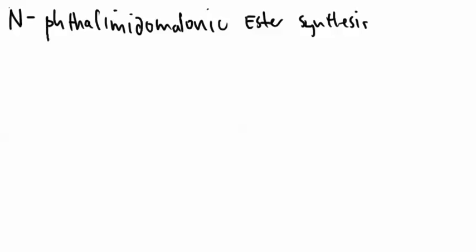Okay, so we've got to talk about this reaction, and we've got to kind of understand what it does, and we've got to see what kind of things it has in store for us. And most of the time, what we start off with, the steps of the reaction itself, is what we call an alpha bromomalonic ester. So this is kind of our starting point.